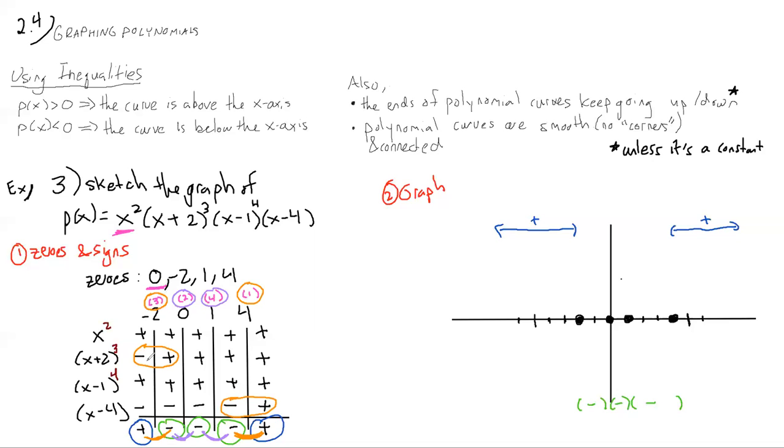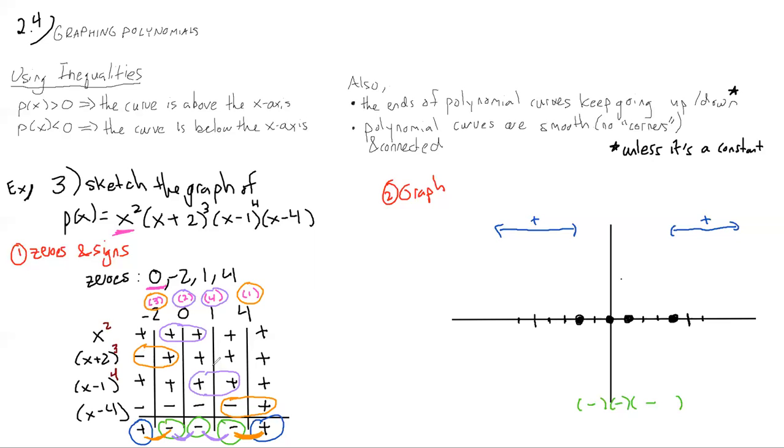So that sign changing that happens because of the odd power is going to carry through to the whole sign of the function. Meanwhile, at the even powers, their corresponding 0 does not change. So the 0, for example, doesn't change, and the 1, those signs don't change.